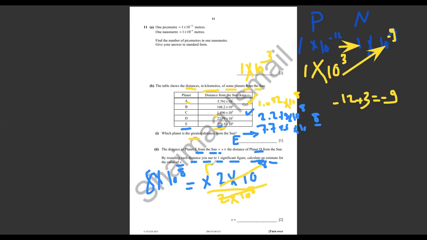As we do on the right side, we have to do on the left side. So dividing by 2 times 10 to the power 8, 10 to the power 8 cancels with 10 to the power 8, which means 8 divided by 2, which equals 4. I think it's clear.